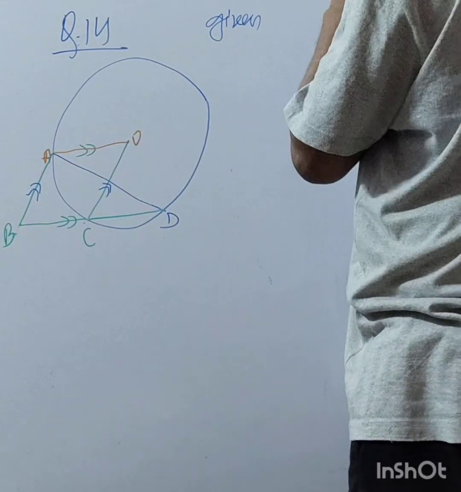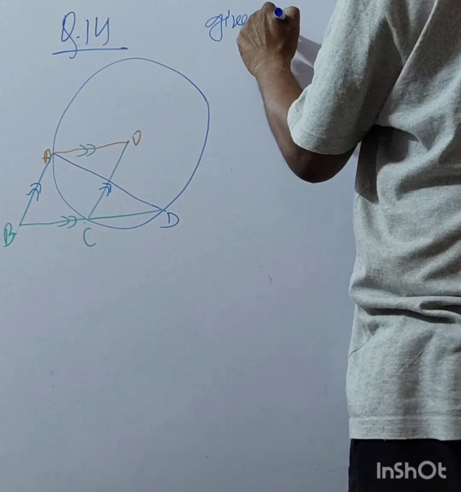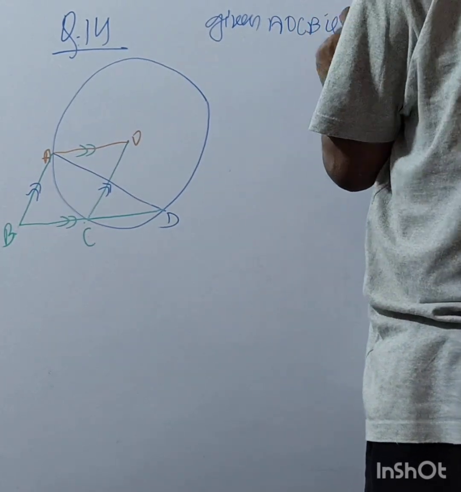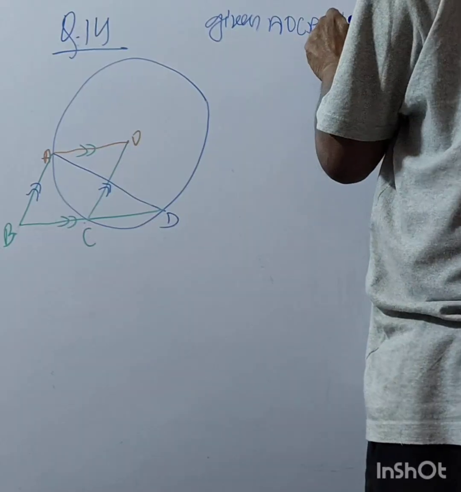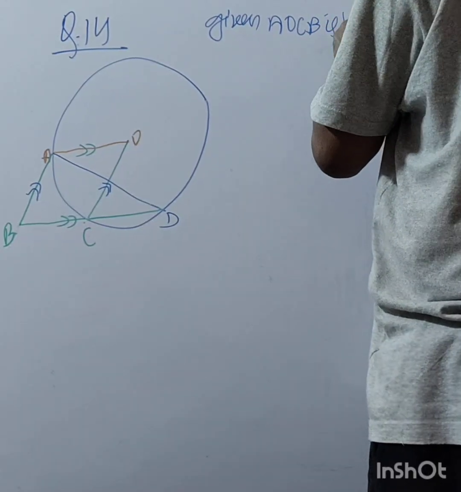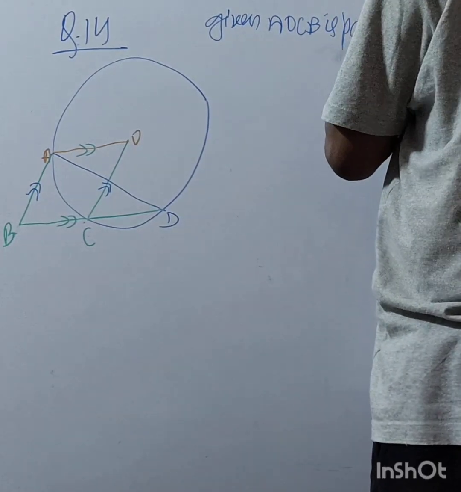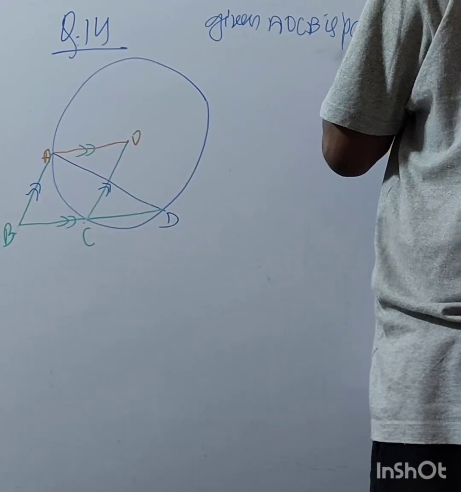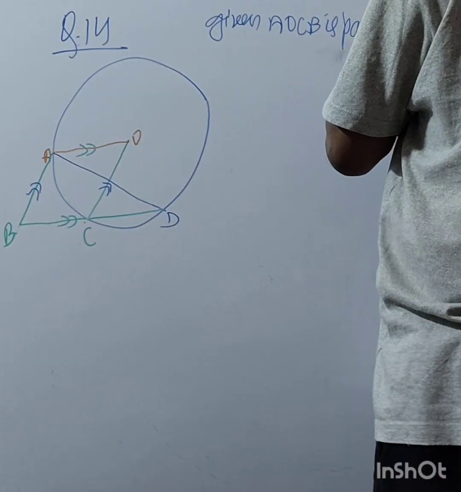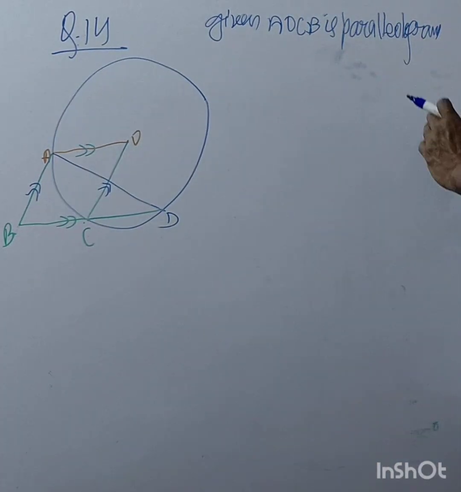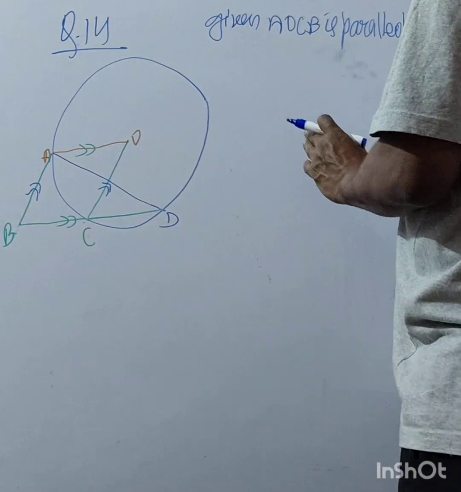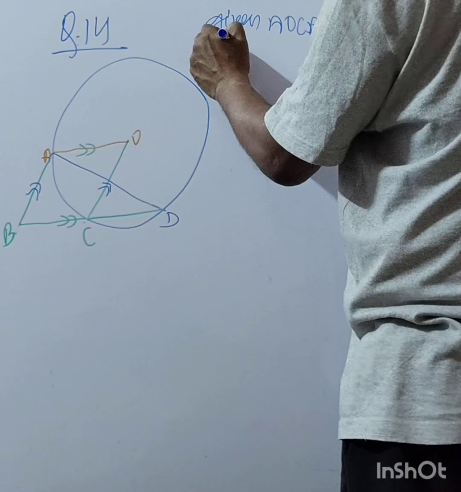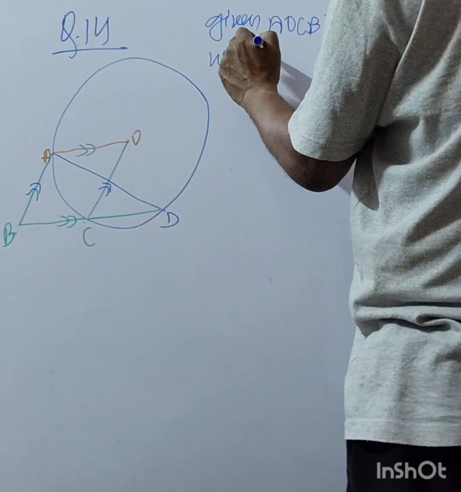Given: AOCB is a parallelogram. Right. It is a parallelogram where opposite angles are equal.